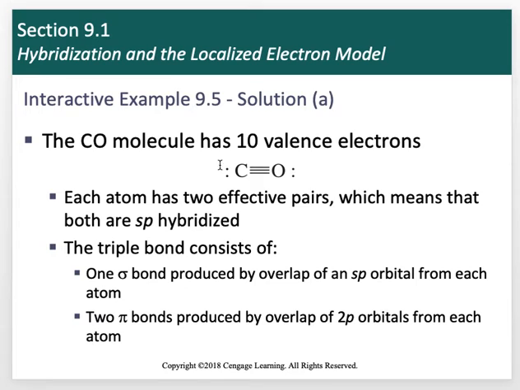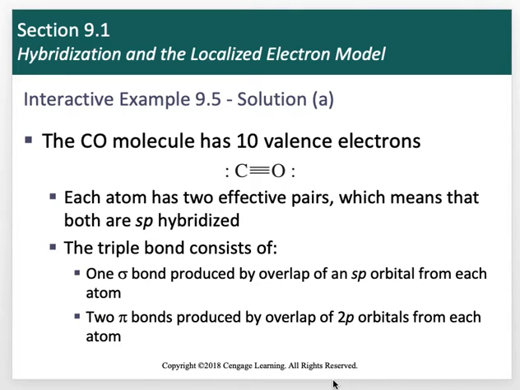So we have CO. We know CO is going to be linear. In this case, the C and the O are both linear because we have a lone pair on the carbon, 1 group here, 1 group here, and on the oxygen, 1 group here and a lone pair here.